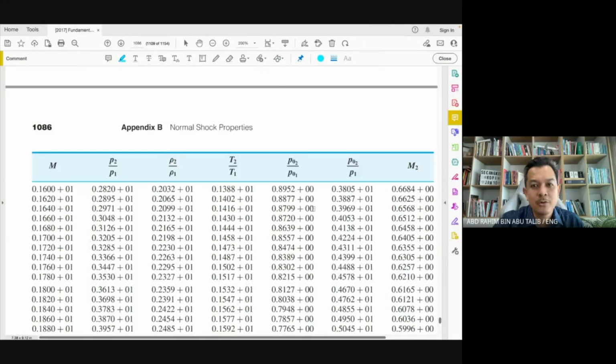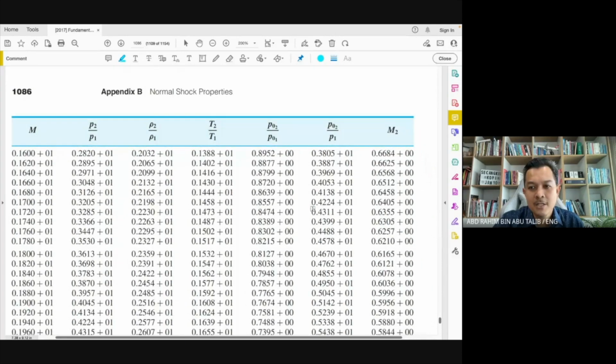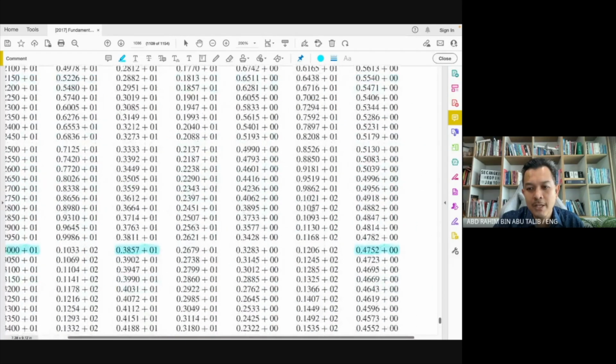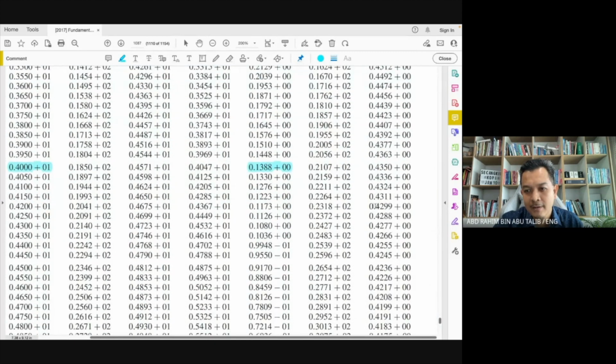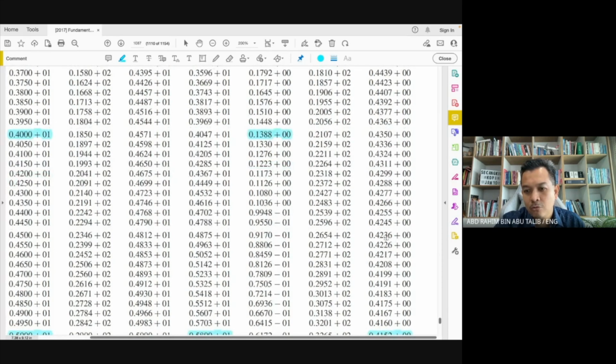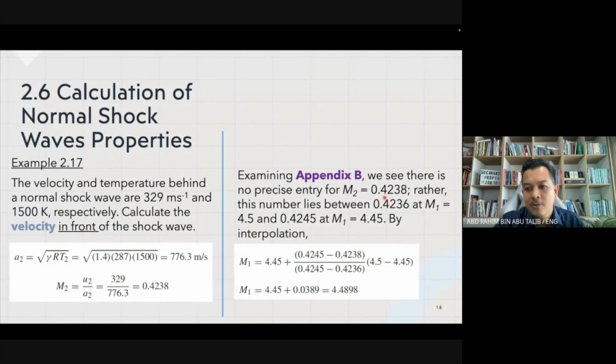So this is Appendix B. You could not find the exact number 0.4238. There is 0.4236 and 0.4245. So there is no precise entry for 0.4238.